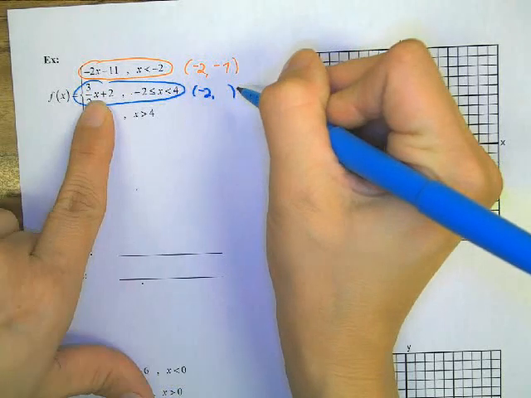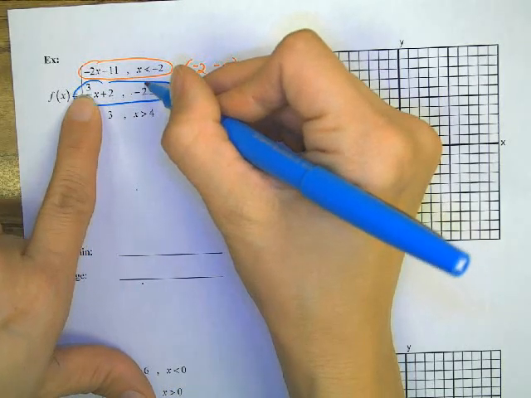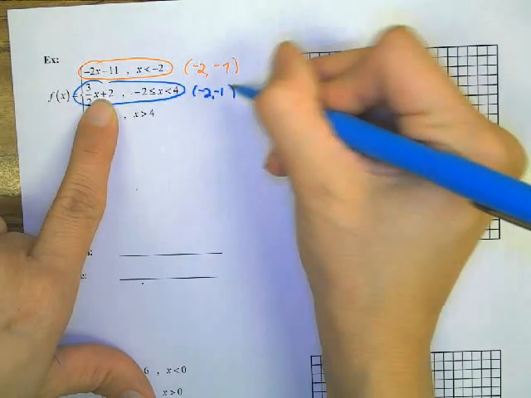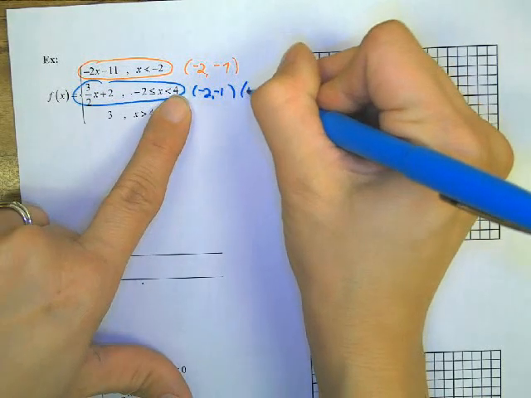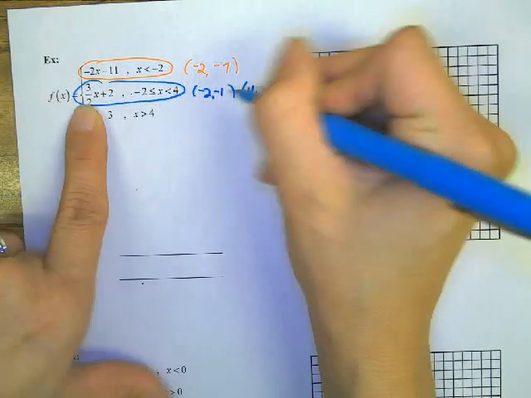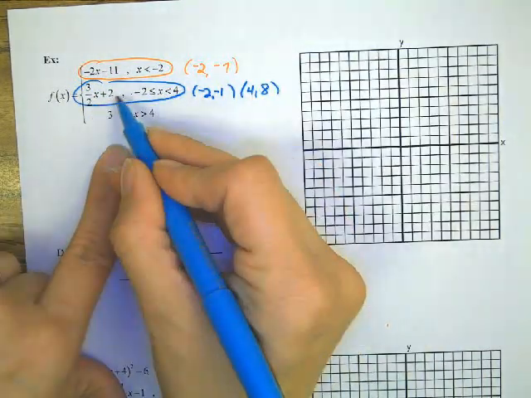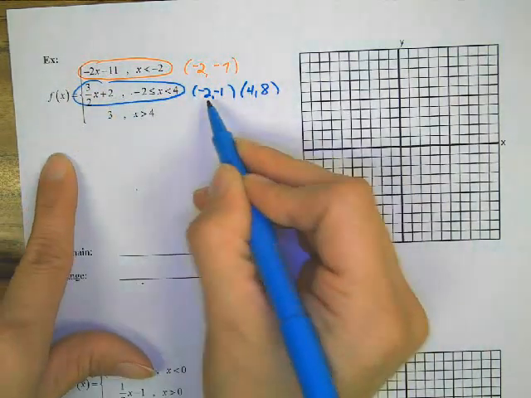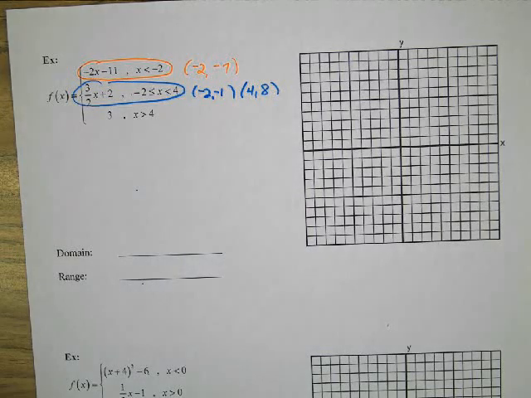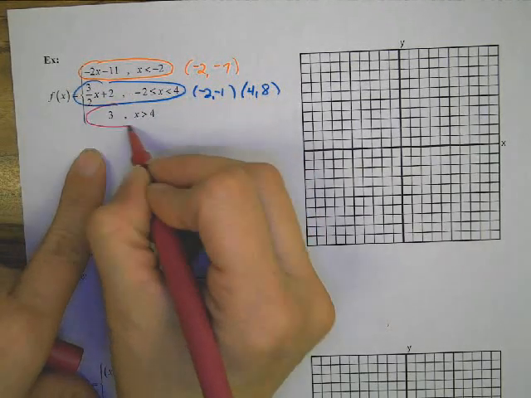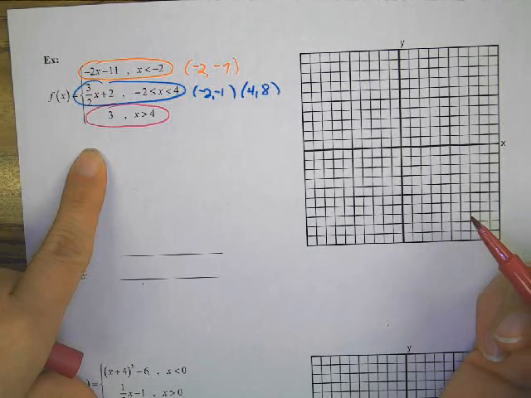And if I plug in a 4, 4 divided by 2 is 2, times 3 is 6, plus 2 is 8. So this piece of line goes from that point to that point. And the last piece, this one's just a horizontal line. I don't want to plug in a point there, that's kind of weird. Okay, let's get our pencil.